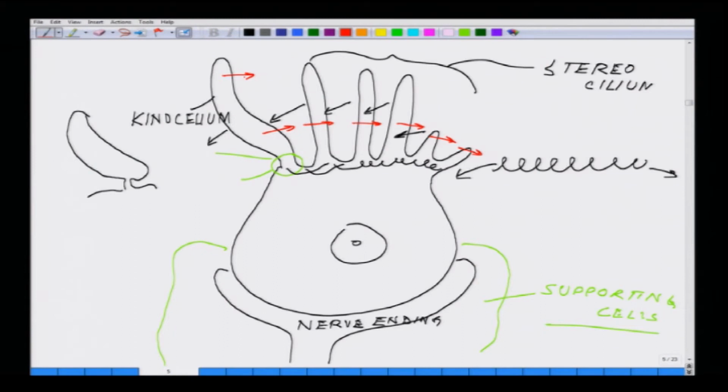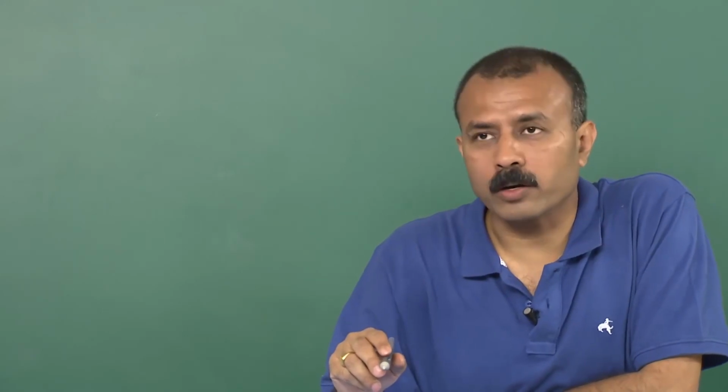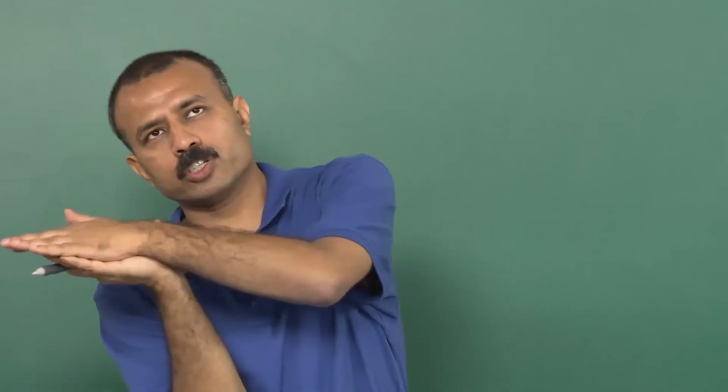Depending on which direction you are moving, the whole thing will move in that specific direction, and based on that direction, it decides whether this is going to conduct current or not. So, it is purely mechanical. If all of them move in one direction, they will be on, and if they move in another direction, they will be off.